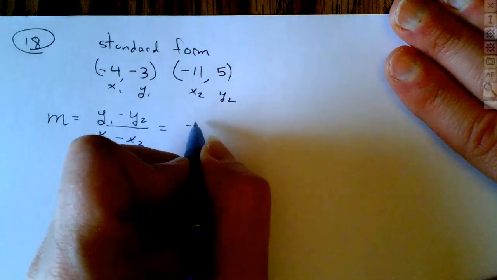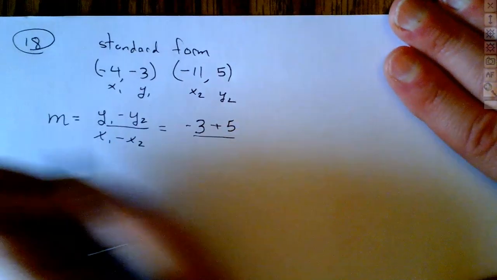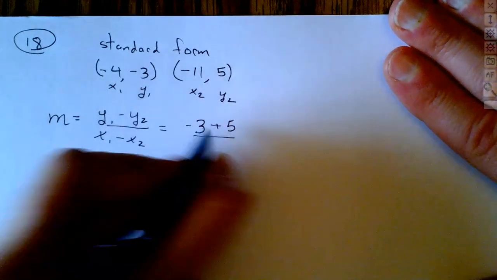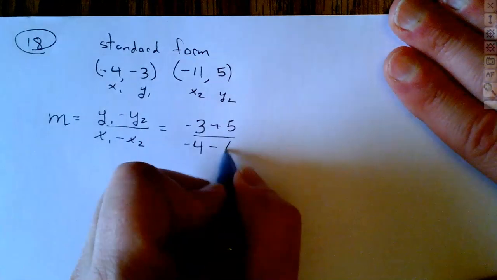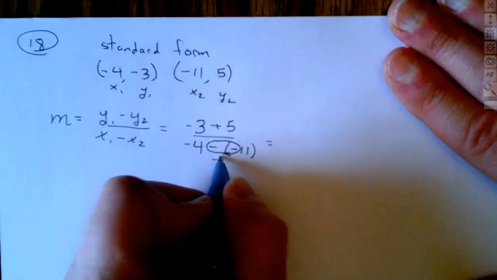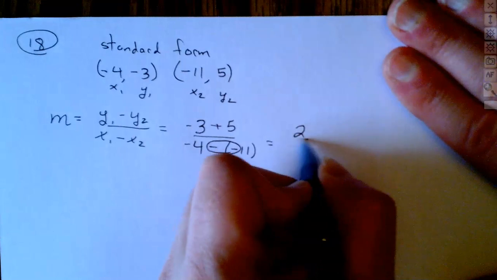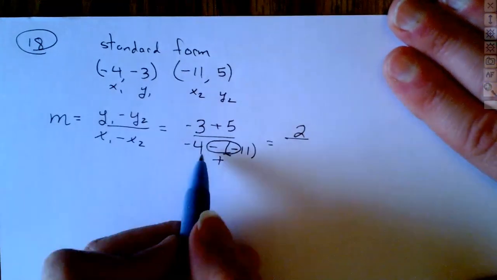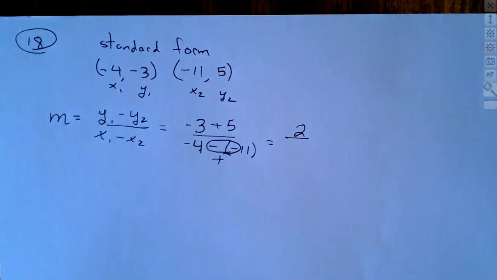We have a -3 plus 5 over -4 minus, watch your signs here, a -11. And double negative makes it positive. So -3 plus 5, well, that is a 2. And -4 plus 11, that should make that now a 5.